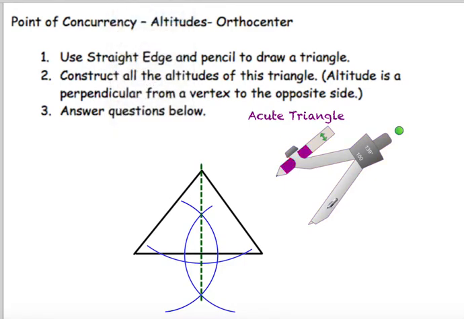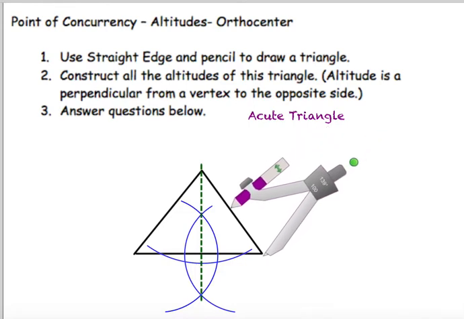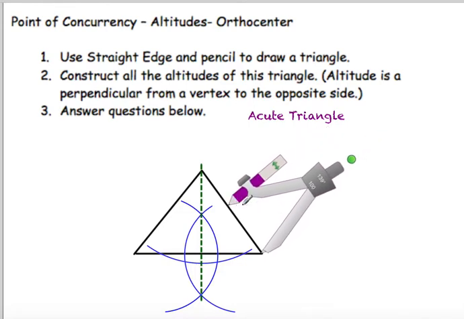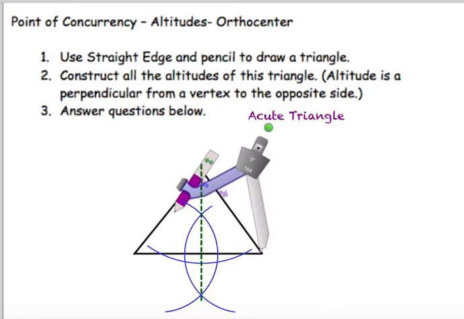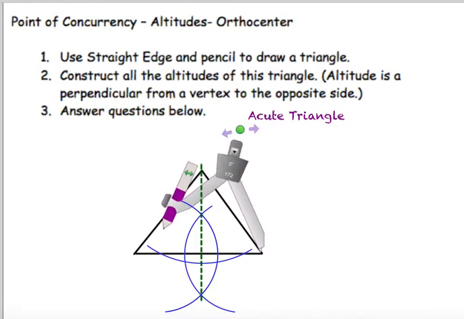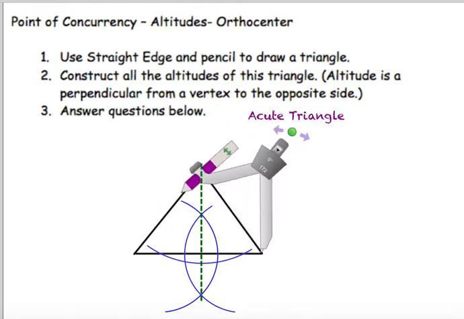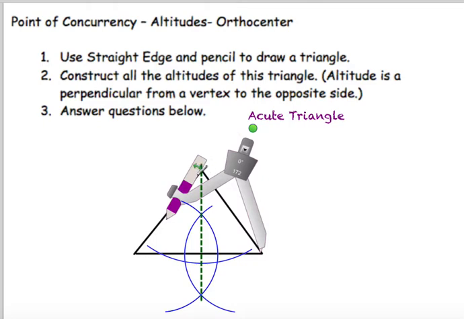Now to do another angle, let's do this angle on the right. I need to open my compass wide enough to cross the side multiple times. Looks like I need it a little bit wider.